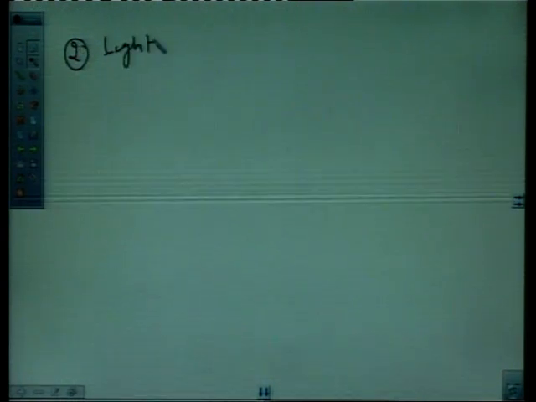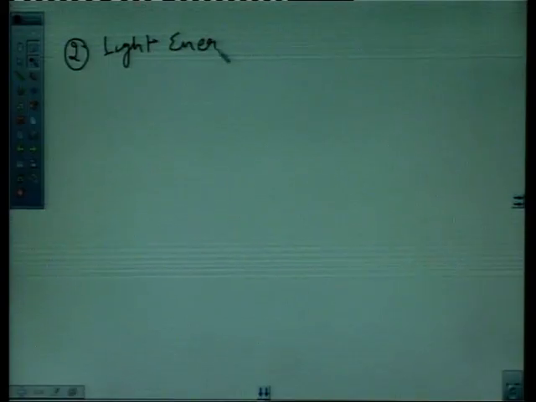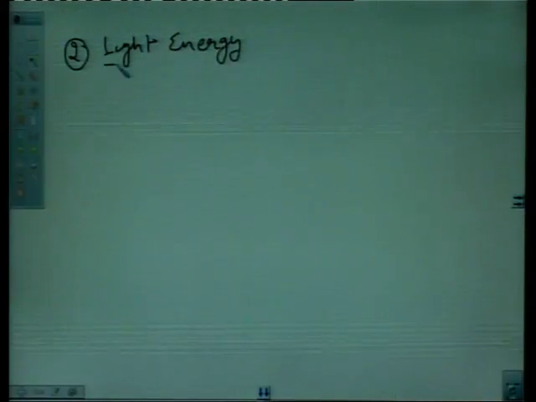The next type of energy is the light energy. The light plays very important role in our life.